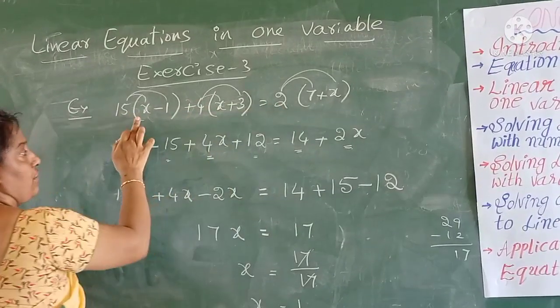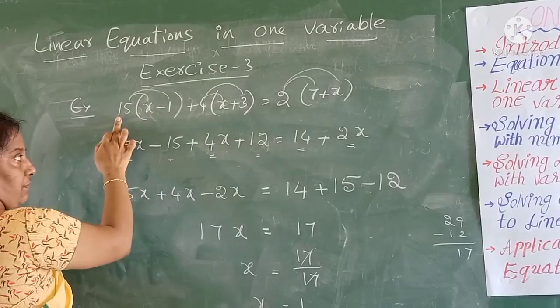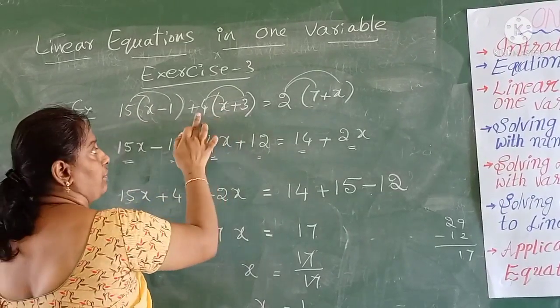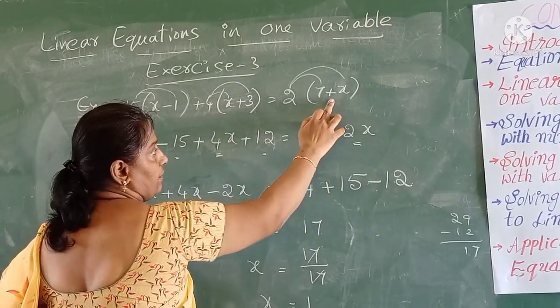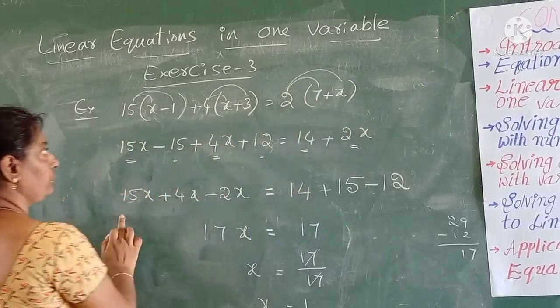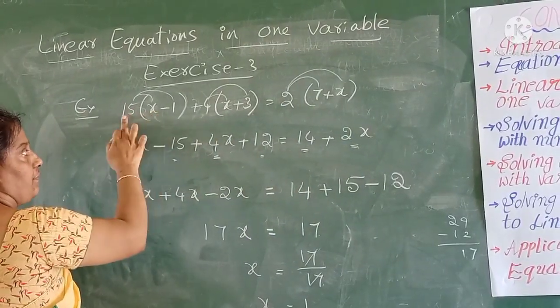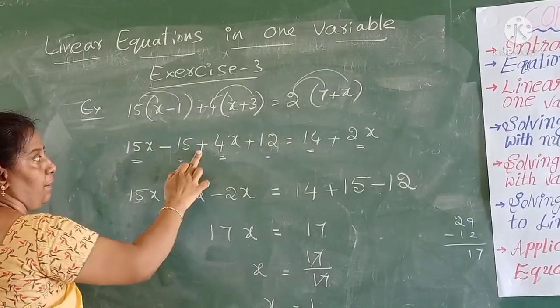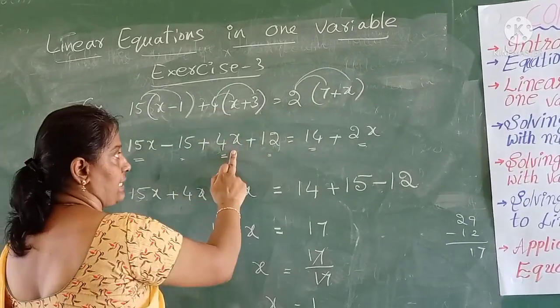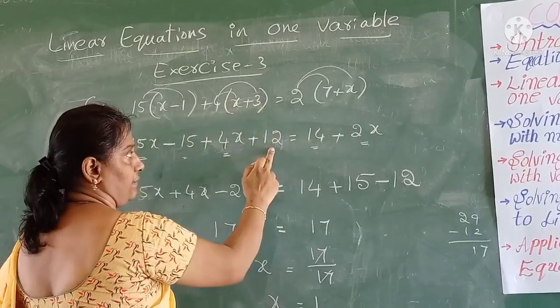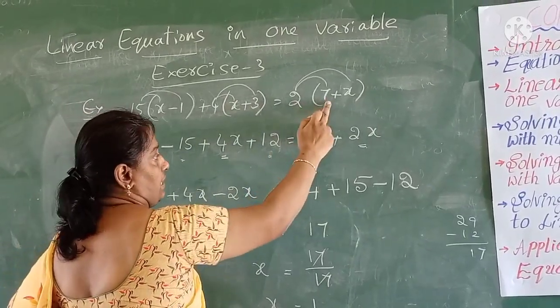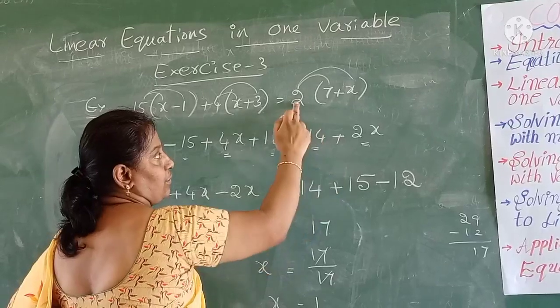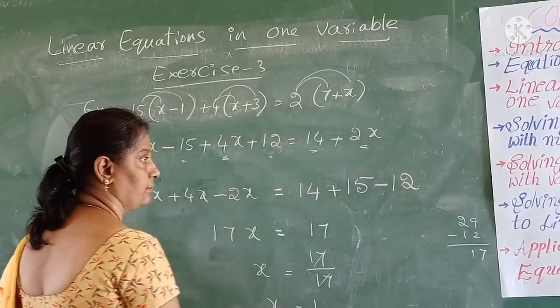So multiply x minus 1 with 15, x plus 3 with 4, and 7 plus x with 2. So 15x minus 15, plus 4x plus 12, is equal to 14 plus 2x.